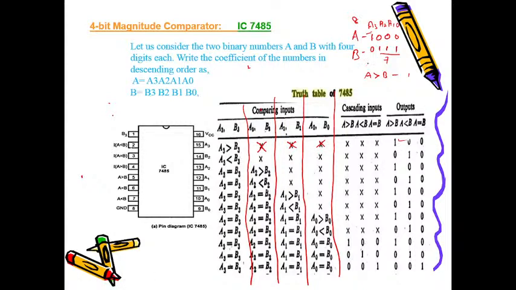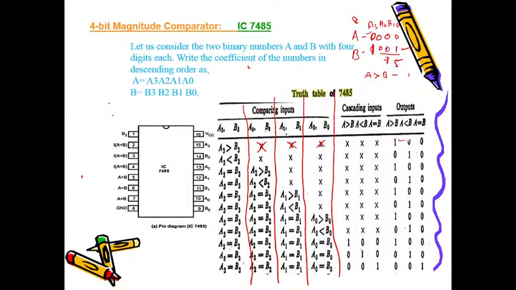Next, suppose this is 0 and this is 1. If that is the case, then this is the highest value, because the MSB bit is 8, so 8 plus 7 is 15.